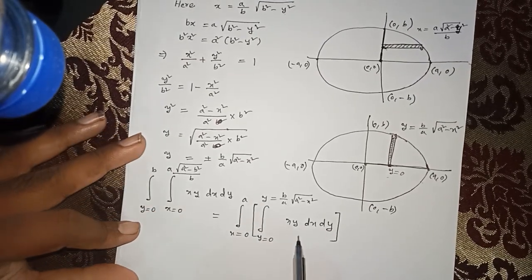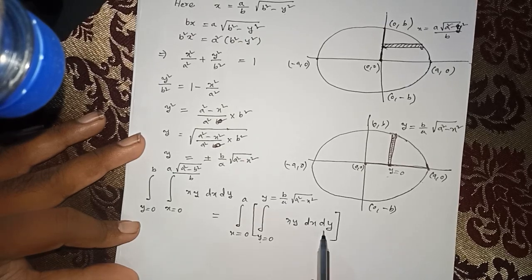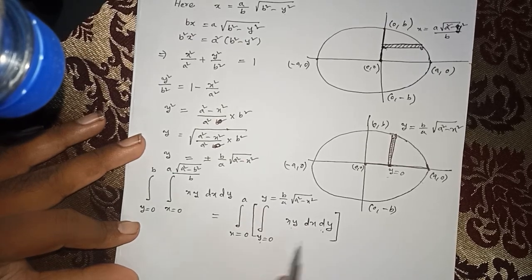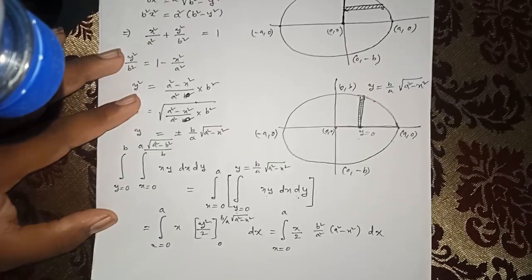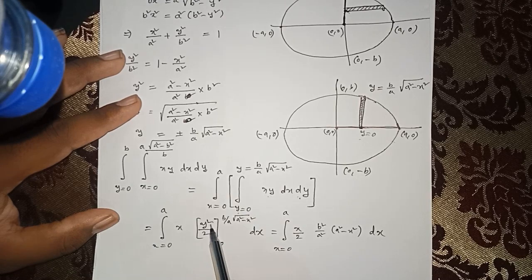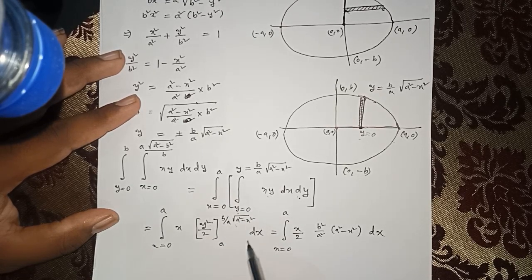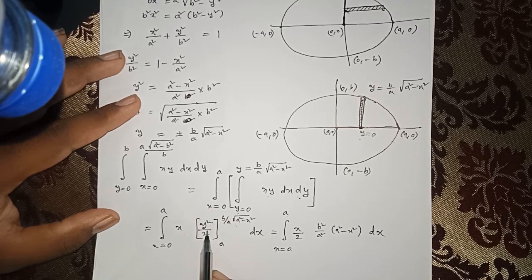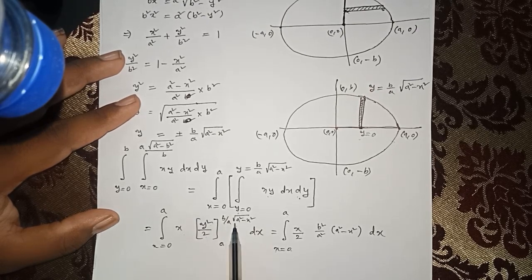Now first integrate with respect to y, then integrate with respect to x. Therefore, integration of y square by 2 with the limit 0 to b by a root of a square minus x square, dx, equals the integral from x equal to 0 to a of x by 2, replacing y with b by a root of a square minus x square, then y square is b square by a square into a square minus x square.